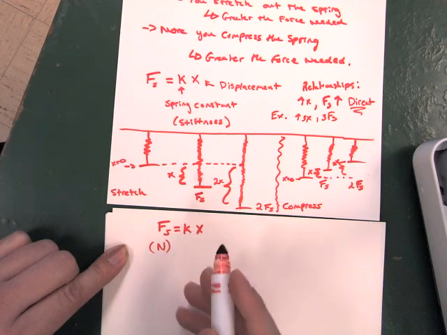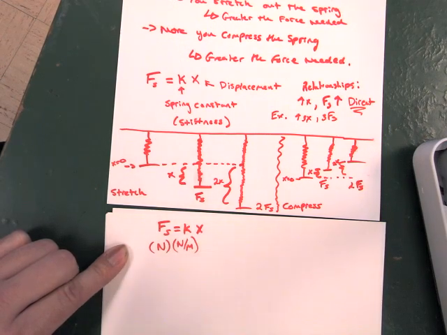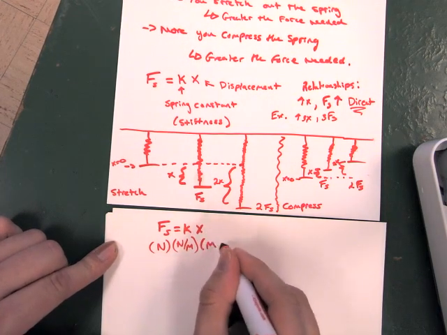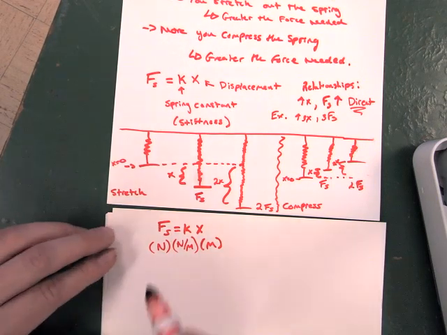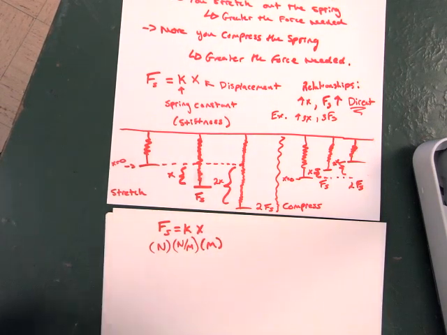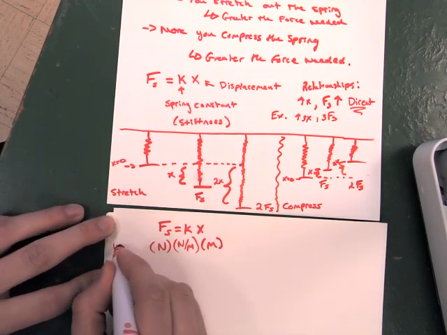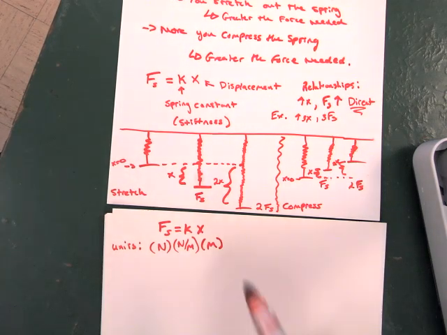Our units for the constant are going to be newtons per meter. And our unit for distance is meters. So it's very important that we remember that K, our spring constant, is in newtons per meter. The unit for force is still newtons. It's always newtons. And our unit for distance is meters.